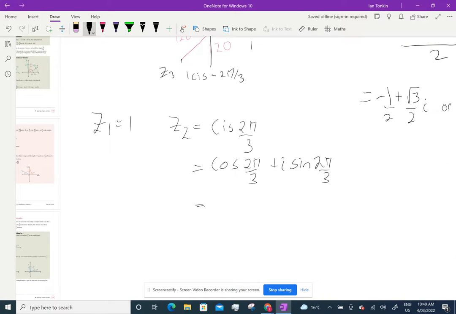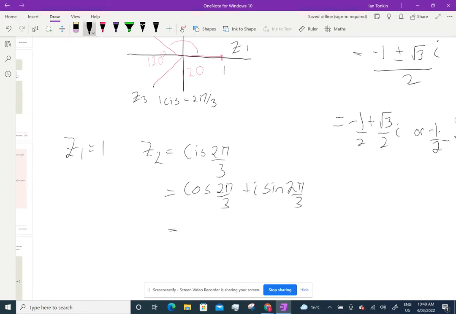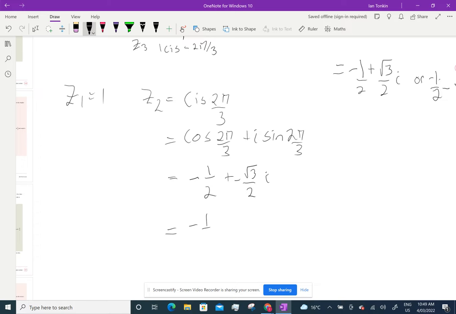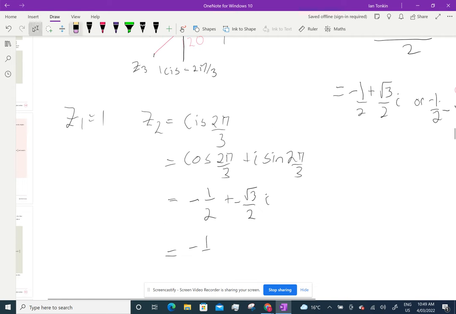Okay, well, cos 2 pi on 3 is going to be negative the same as cos pi on 3, which is a half, so negative a half. And sine 2 pi on 3 is going to be root 3 on 2 i, and that's positive.